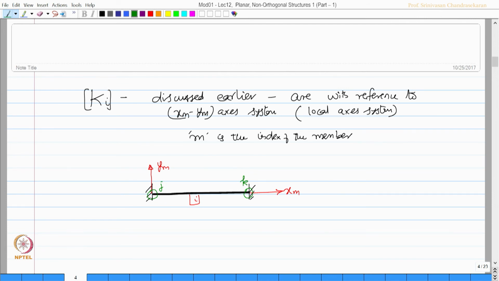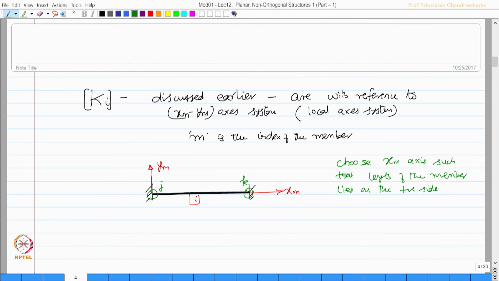So, it is very interesting, one must choose the XM axis such that the length of the member lies on the positive side. What do you mean by this?